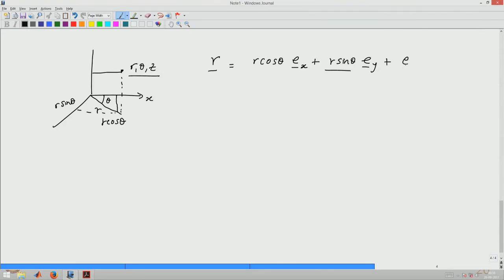And plus of course, the E z. So, in general this is the position vector, and now we are interested in finding out what happens to this position vector as a function of different coordinates.